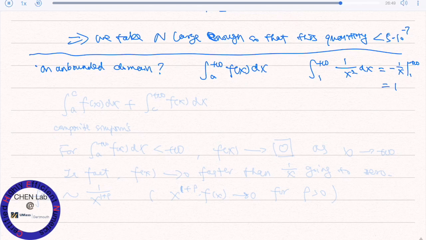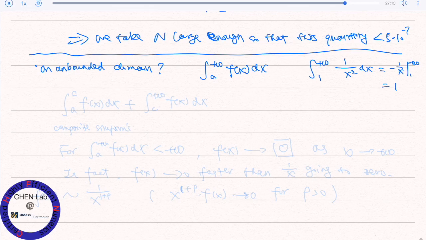There are other quadrature rules that will help us, similarly to the singular case we just did.